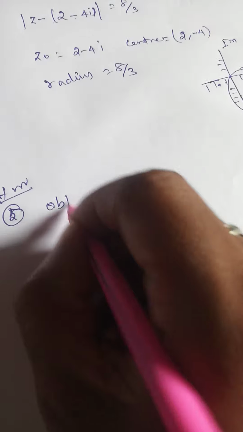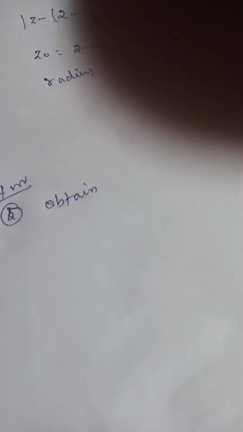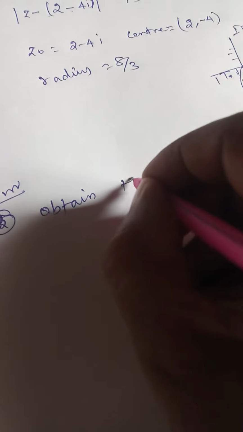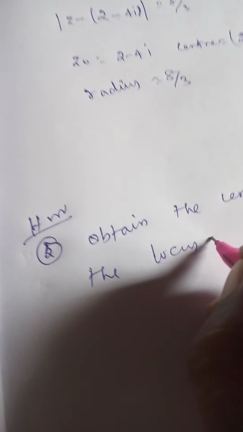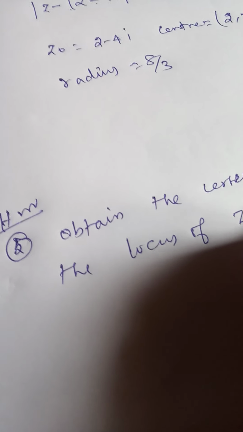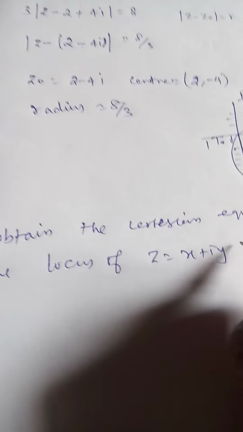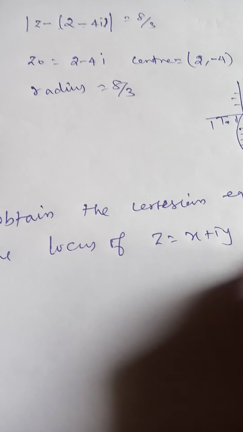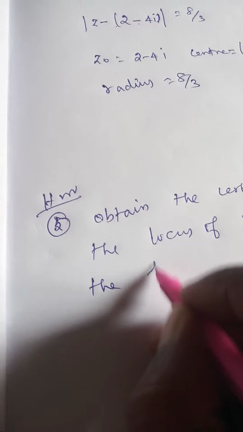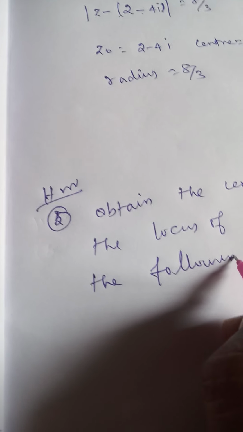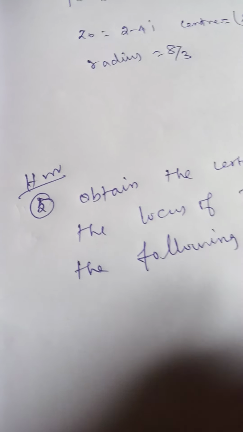The question: obtain the Cartesian equation of the locus of z equal to x plus iy in each of the following cases.